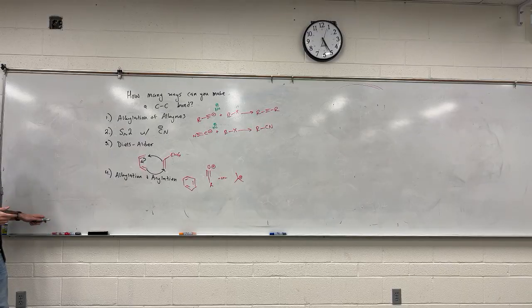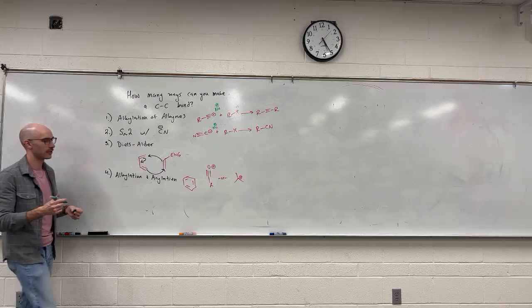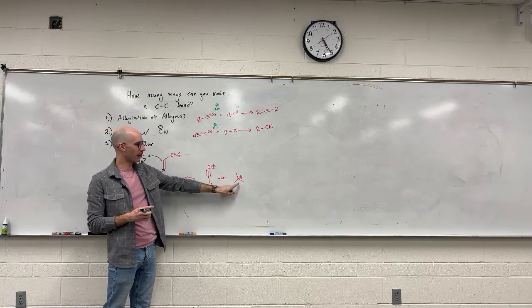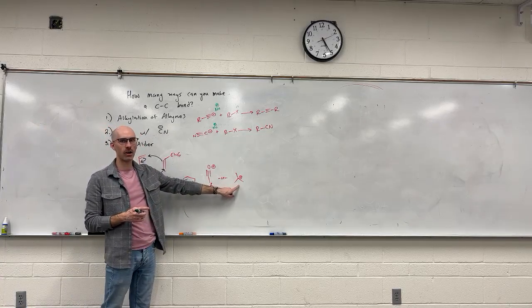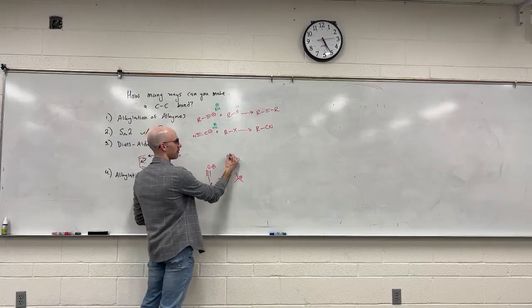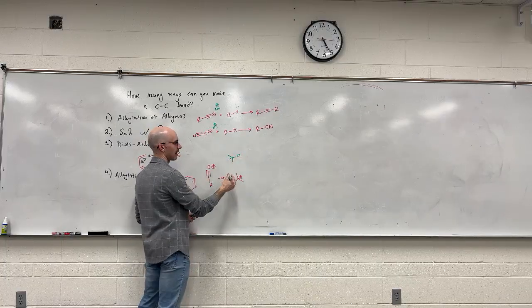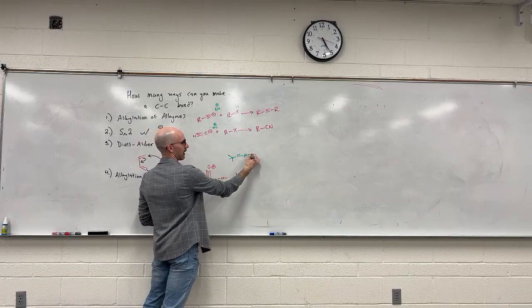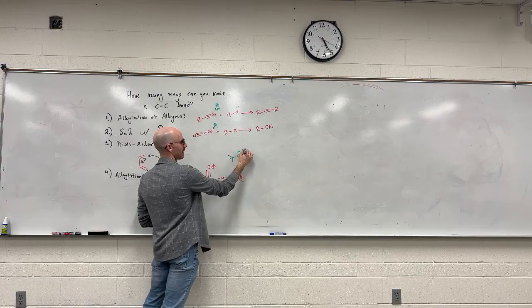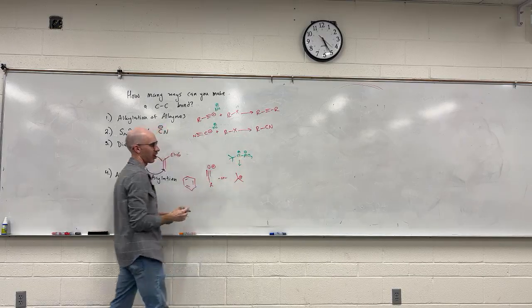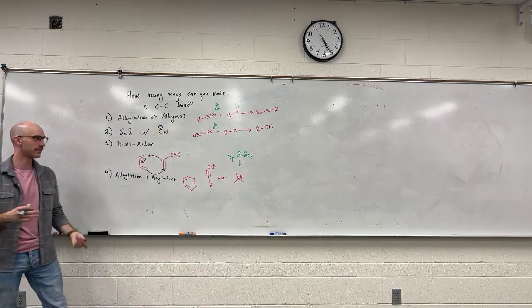Which reminds me, I had an interesting conversation today with a student talking about all the different ways that we can make that carbocation. We know that a tert-butyl halide can make that carbocation when the chlorine leaves.